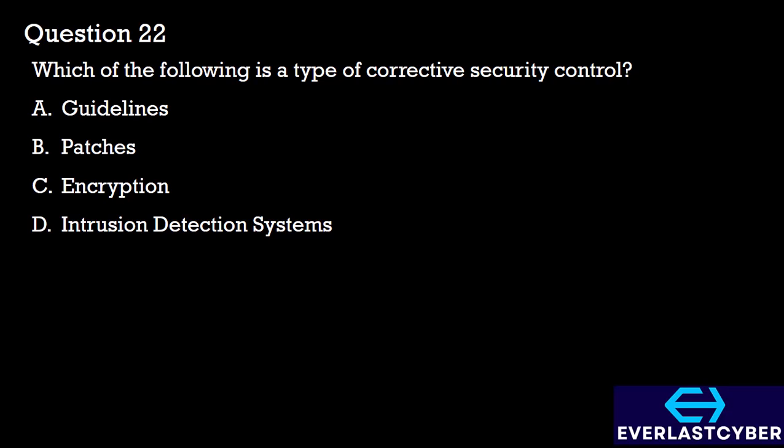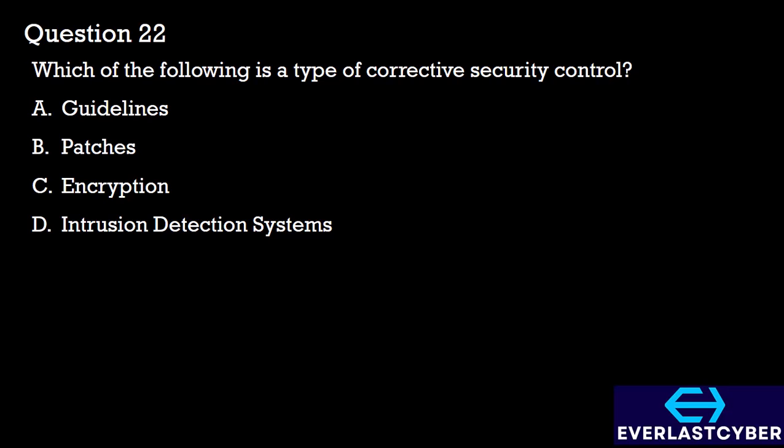Question 22. Which of the following is a type of corrective security control? A. Guidelines. B. Patches. C. Encryption. D. Intrusion detection system. A guideline is a recommendation, but it is not a corrective measure.